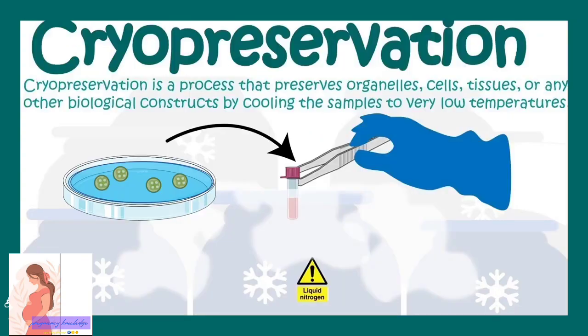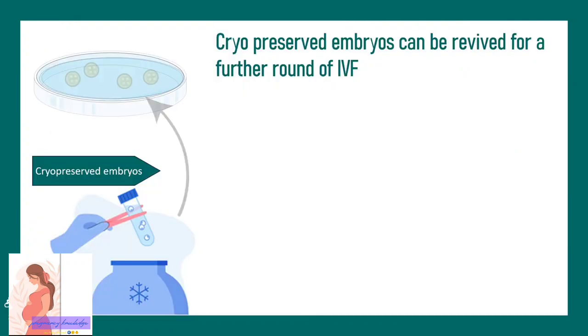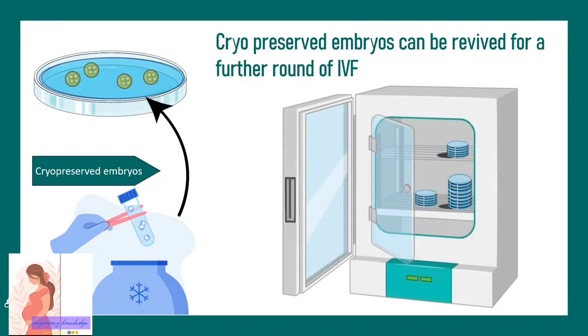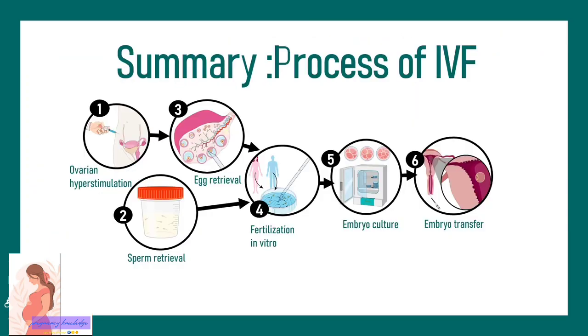Ultimately, a fraction of the embryos that were fertilized in vitro would also be cryopreserved for the future. Maybe in the first round of IVF treatment, the implantation didn't happen properly. These embryos can be thawed again, incubated, and transferred back to the same patient. So overall, in this video, we looked at the process of in vitro fertilization in great detail.